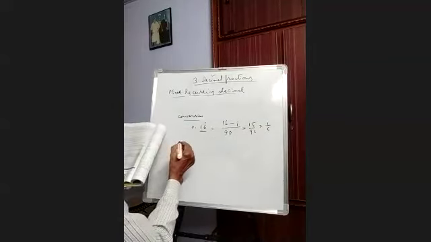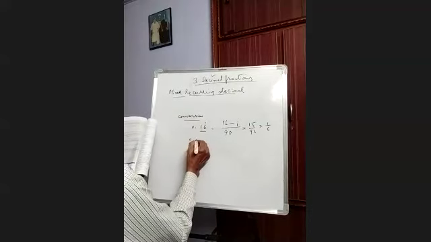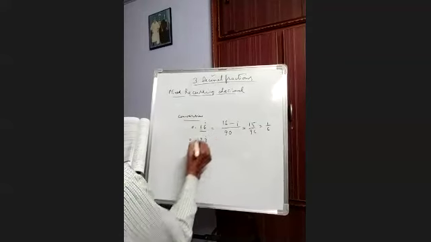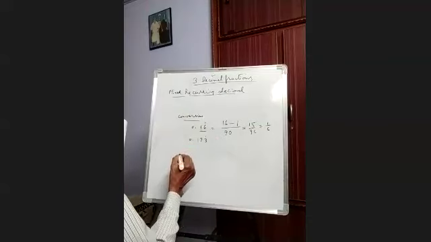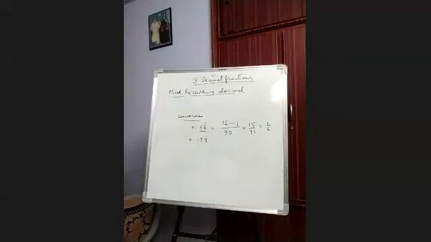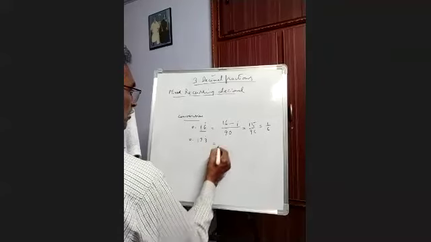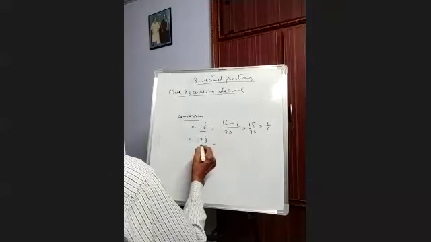The last example I have noted here. Find 173 dot. If this is a mixed recurring fraction, what do we have to write to convert it into a fraction?